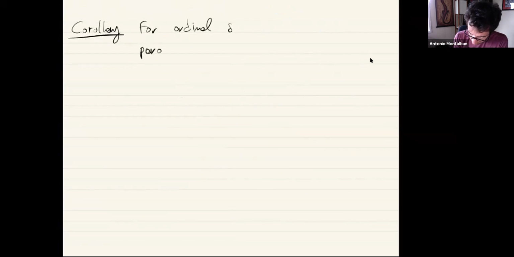And it's a corollary again, so I'll skip the proof, but I'll tell you what the result is. In general, for an ordinal delta, the parameterized Scott rank. I didn't define this, I guess.